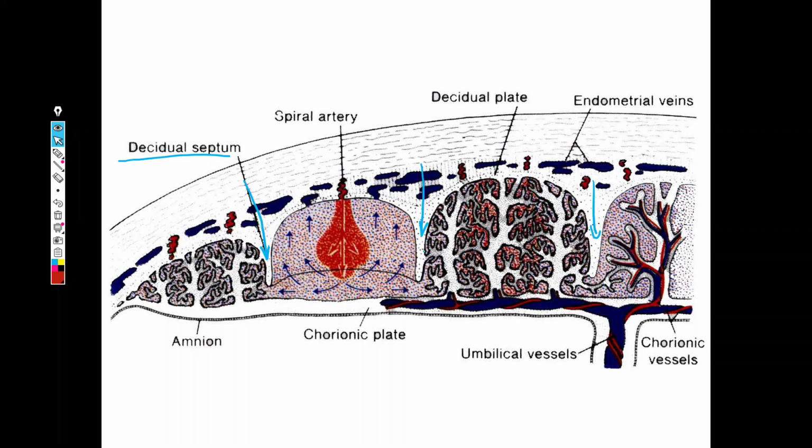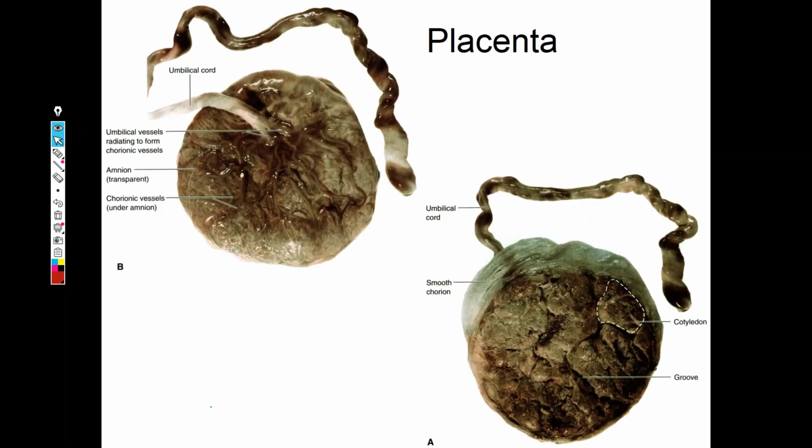So this part from one septum to another septum, I will call this part a cotyledon, right here. You can see the fetal part right here. The fetal part is covered with amnion. We can also see it in this picture. Here is an umbilical cord, and you can see this part over here. It's shining, it's covered with amnion.